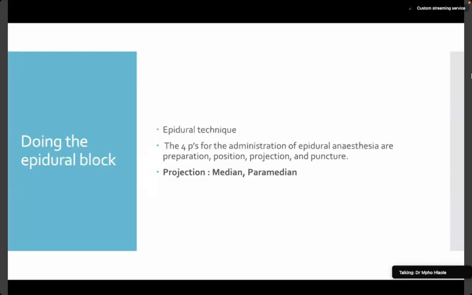So paramedian means you're going on the sides of the vertebra, you're not going in the middle. You can also use that, but I have to say I've never used that, but that's another way of trying to get into the epidural space. So just know that you have those 2 projections that you can use to be able to give your patient an epidural block.